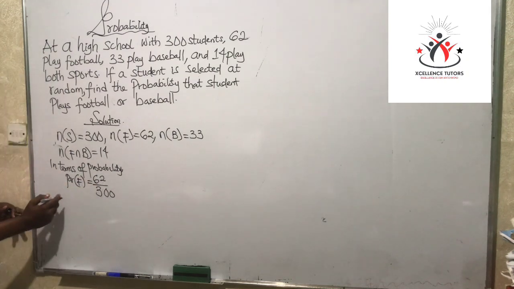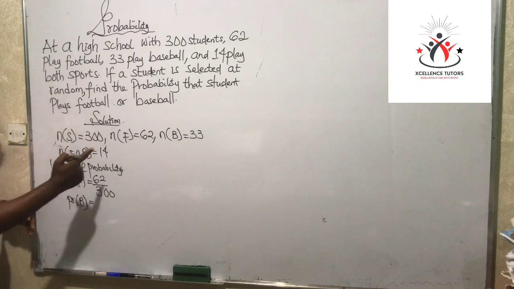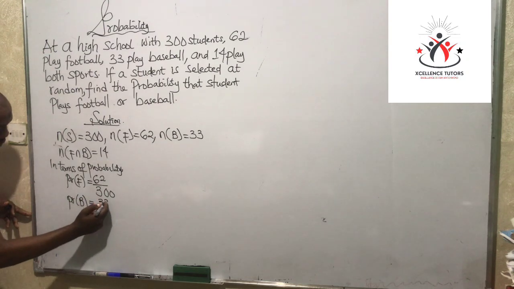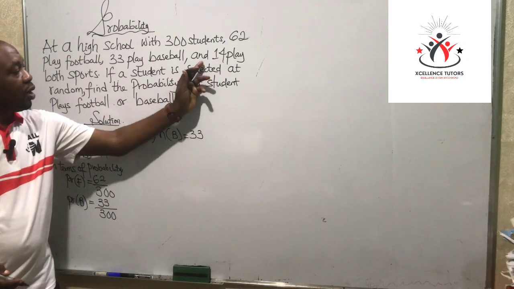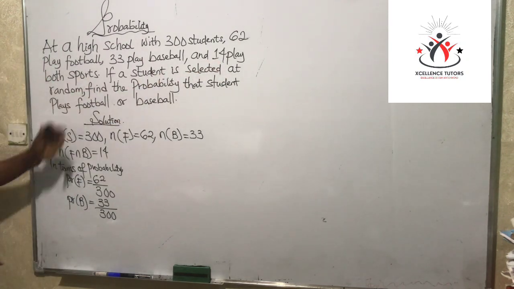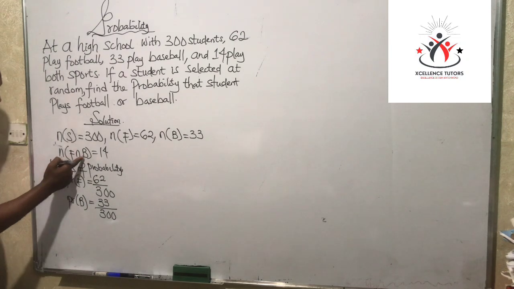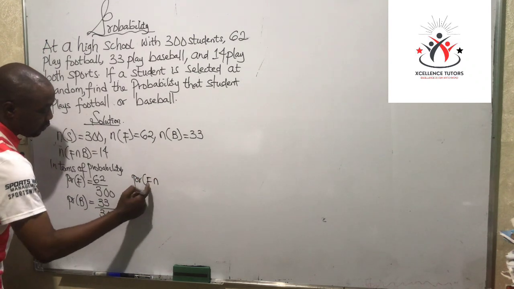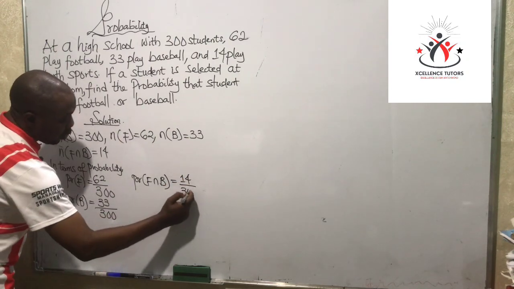Then the probability of students who play baseball will be 33 out of 300. And the probability of students who play both football and baseball will be 14 out of 300.